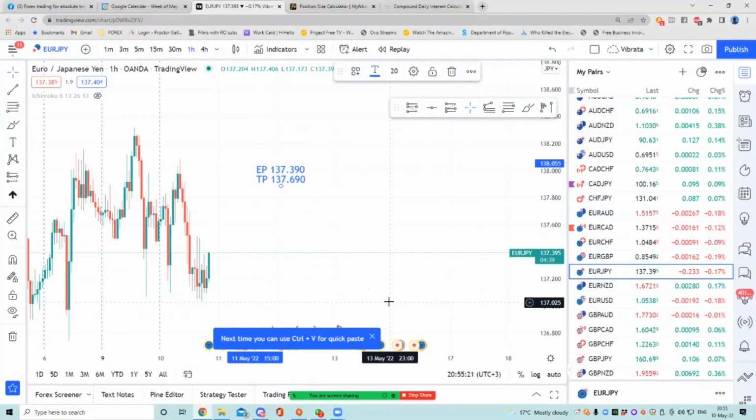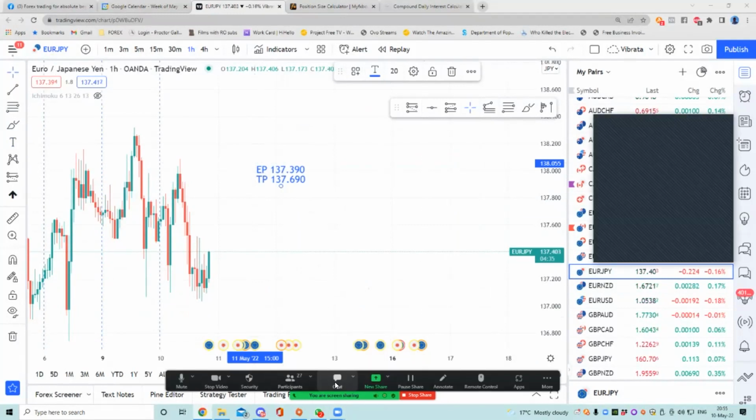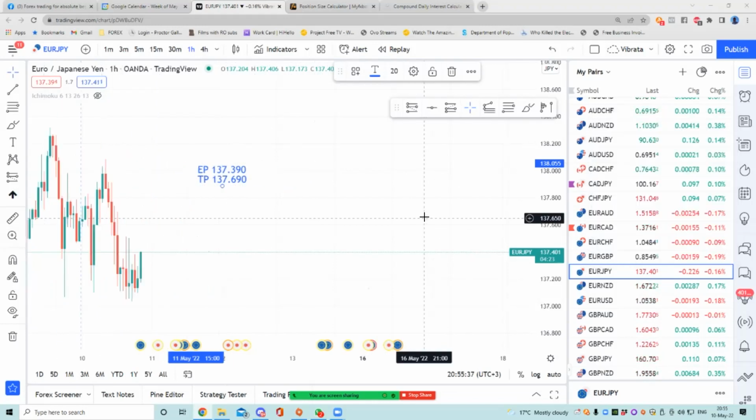What's the pip difference? This should be easy. 30 pips. The difference between 69 and 39 is 30 pips. So that's it. This is the essence of counting pips.